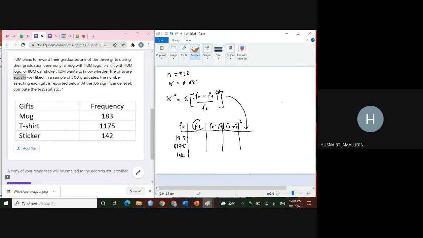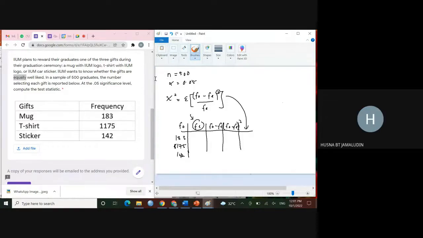So how to compute the expected? Because normally in goodness of fit, the trickiest part is to find the expected value. If you are able to find the expected, everything will be easy. So how to find the expected? Anyone? 500 divided by 3. 500.